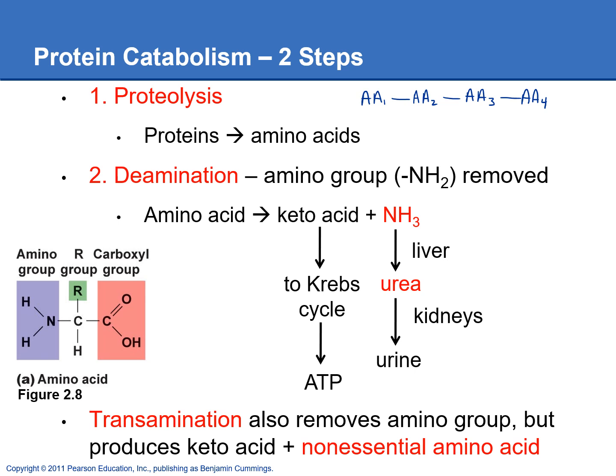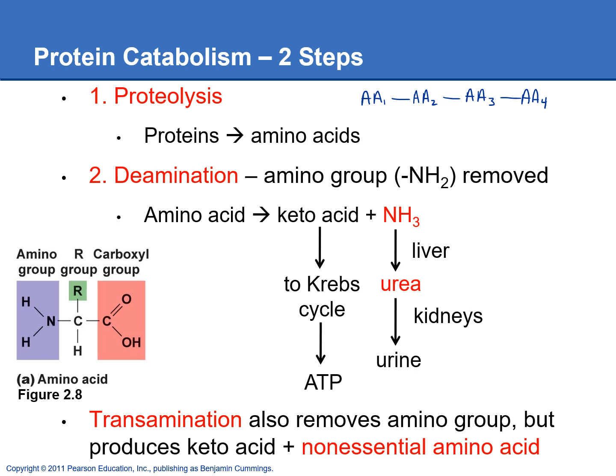Protein catabolism, so breaking down proteins. We've got two steps here. The first step is called proteolysis. If we take a look at the word, proteo is referring to proteins and lysis is to split or break apart.